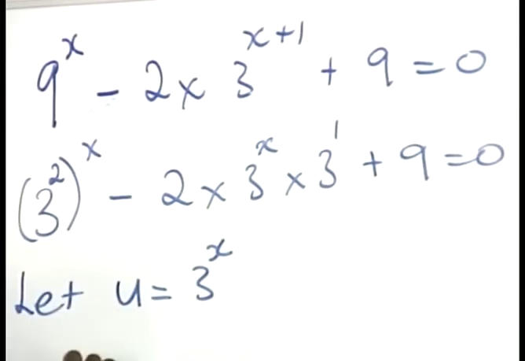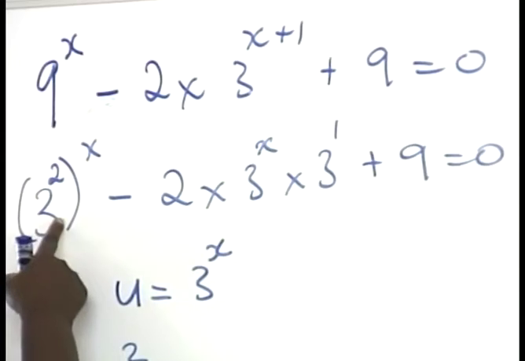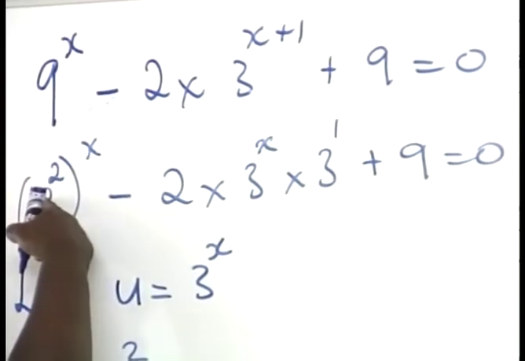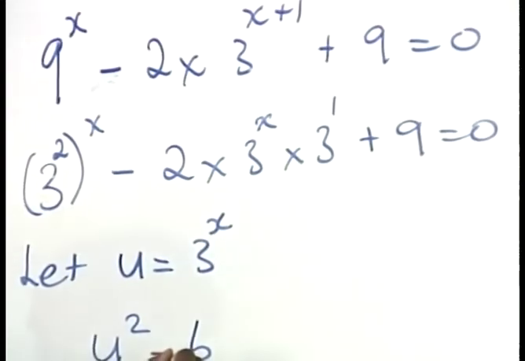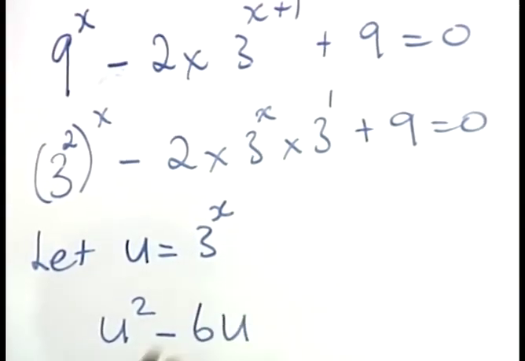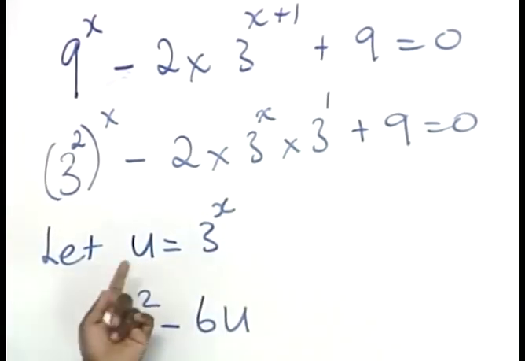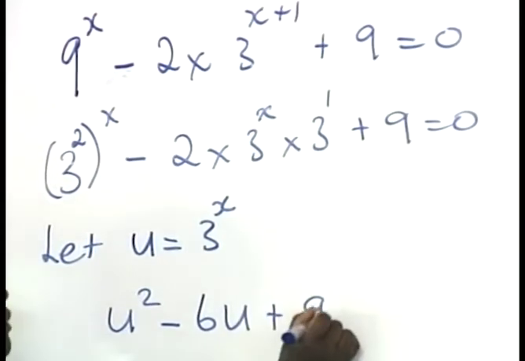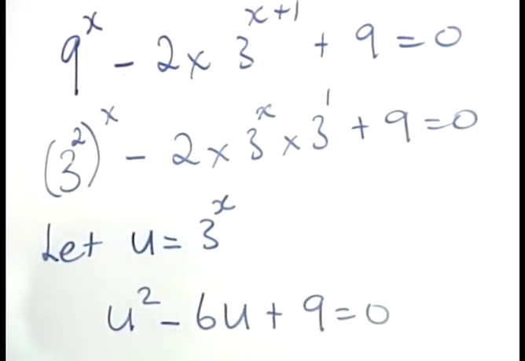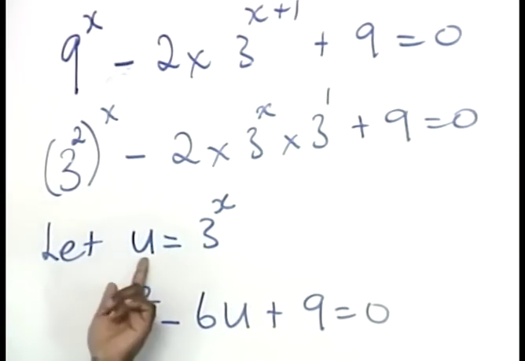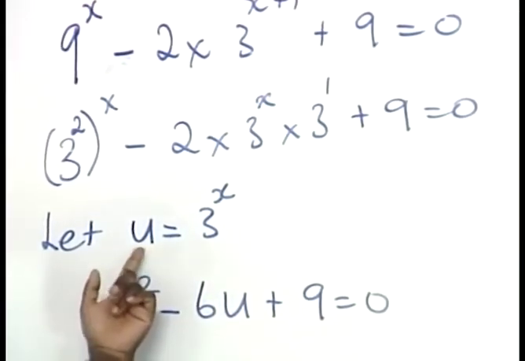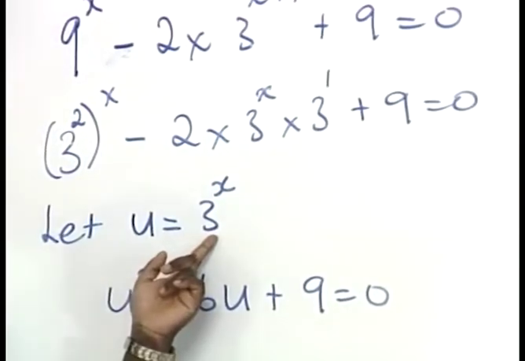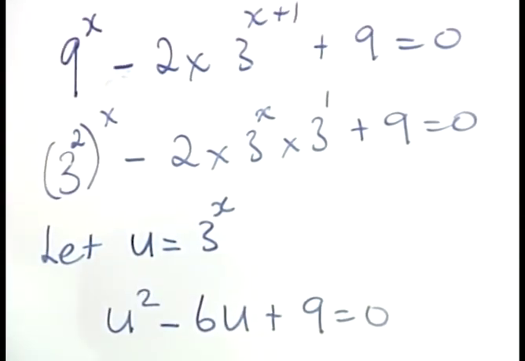So this one will now be u squared, 3 to the power of x squared, minus 2 times 3 is 6, so 6u, because 3 to the power of x is u. And then plus 9 equals 0. All of you can solve this. And then once you find the value for u, you will say, okay, u is equal to whatever value. If it was 2, then you will say 2 equals 3 to the power of x. In that way, you'll be able to find x.